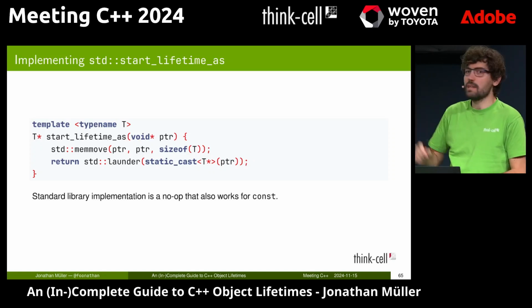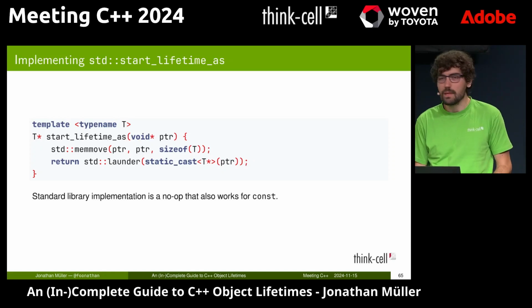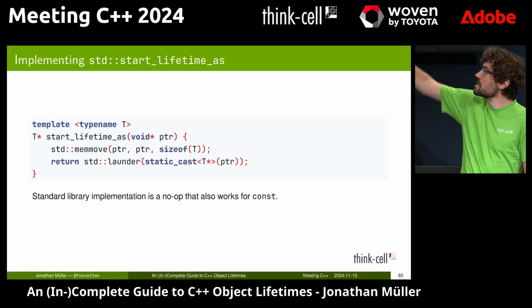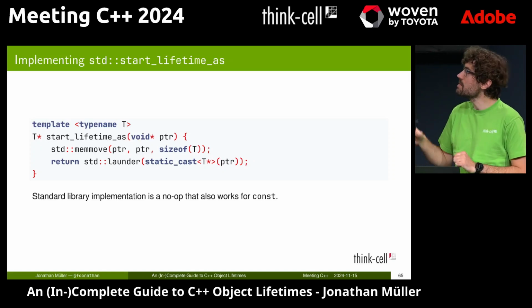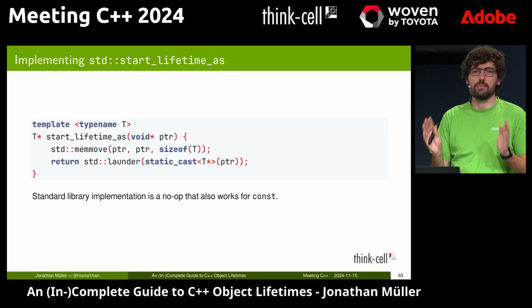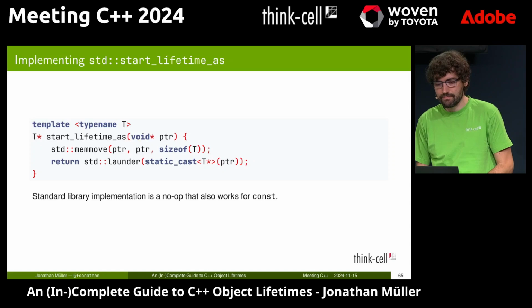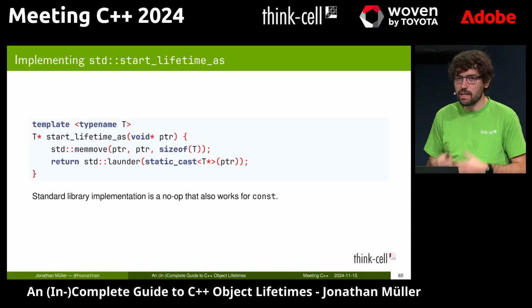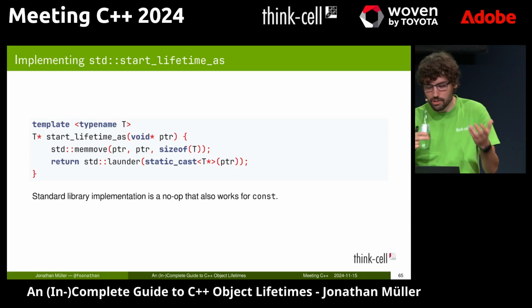This doesn't actually copy any of the bytes, but memmove is an operation that implicitly creates objects. So when we later need an object, we can time travel back here and create our T. So this is a very crude approximation of start_lifetime_as, and the standard library implementation probably uses some compiler built-in that is an actual no-op and also works for const. So this is how we can create objects out of thin air without actually running any destructors or constructors.